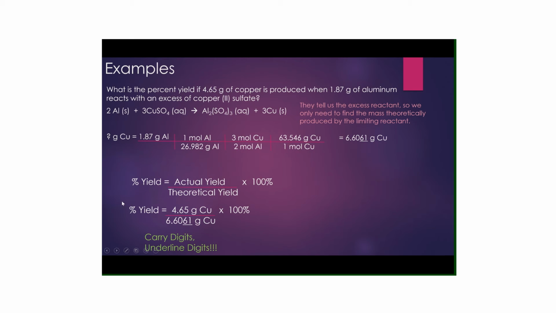We don't want to round them off, or we'll end up with round-off error. We crunch the numbers. 3 significant digits here, only 3 there, despite the fact that I've carried 2 extra. I underlined them to let myself know they are not significant. That's 3 digits in both of my numbers, so my final answer should have 3 digits, 70.4% yield.